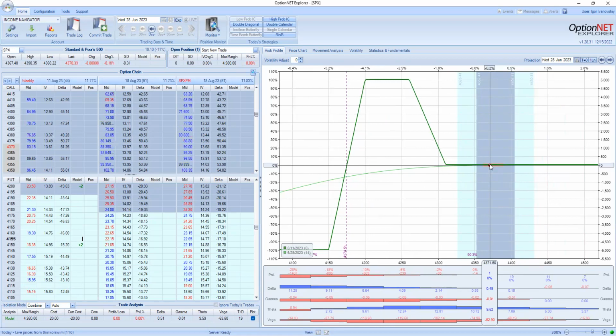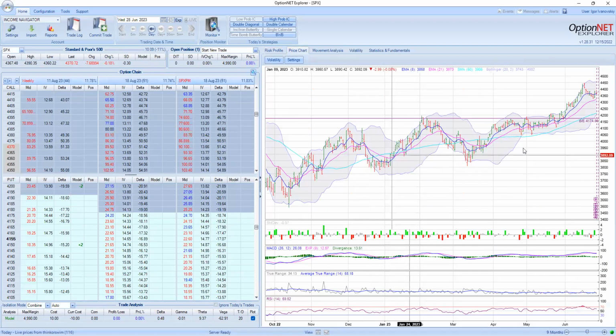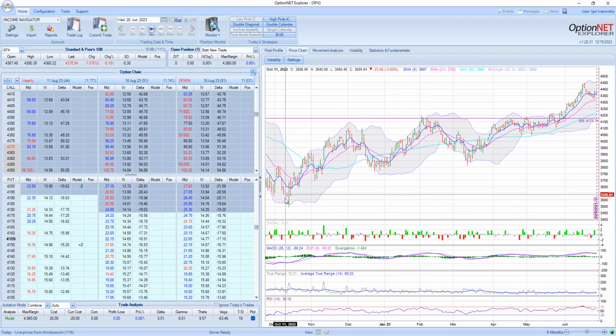Think about what's your near-term outlook for the market. You can look at the price chart. So we are in an uptrend, at least since about October of last year. And you can see that because the market is making a series of higher highs.